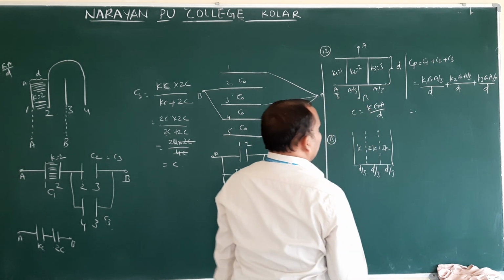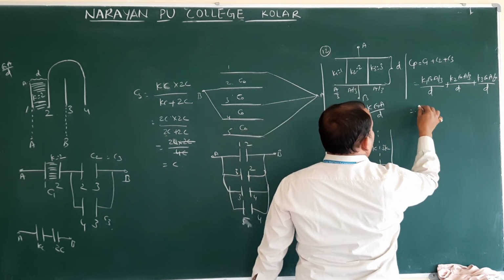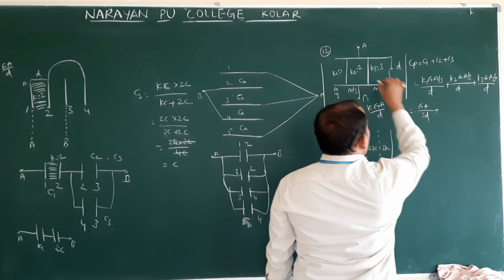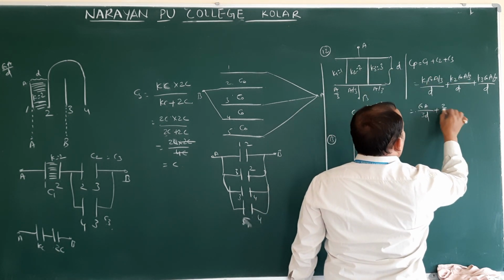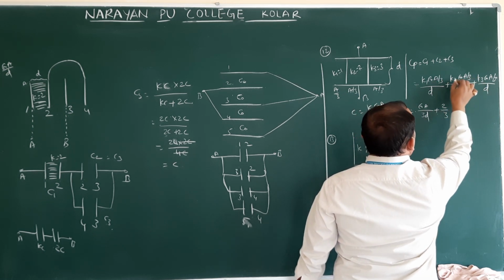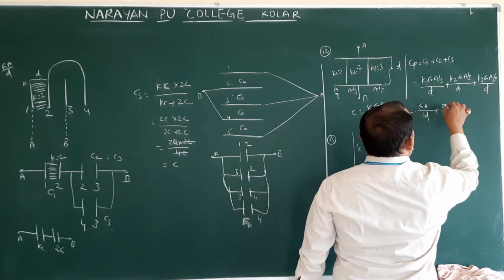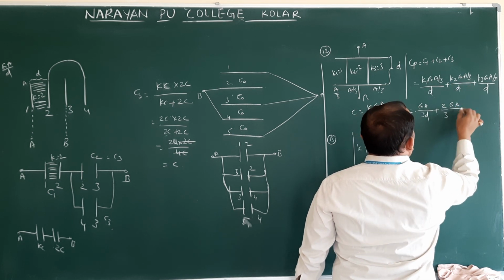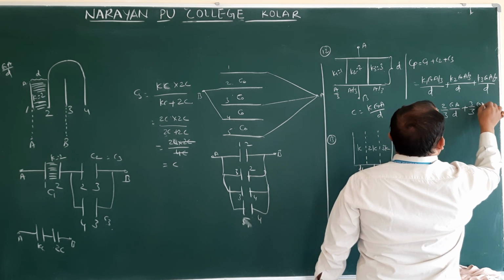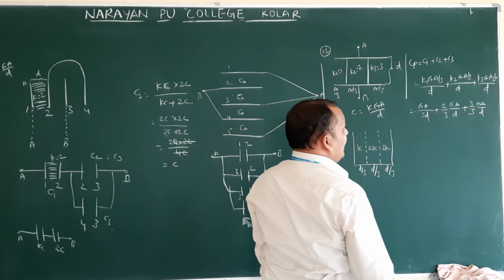K1, K2, K3 values you can substitute. K1 value is 1, so epsilon naught A by 3D, plus K2 value 2, so 2 epsilon naught A by 3D, plus K3 value 3, so 3 epsilon naught A by 3D.